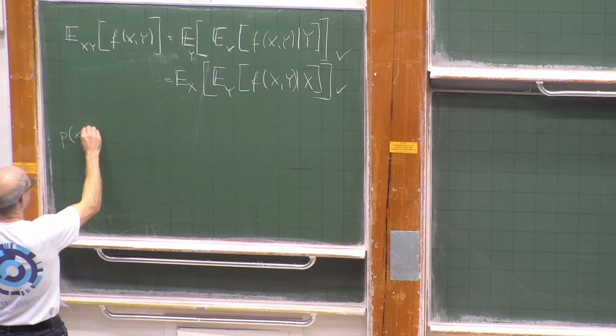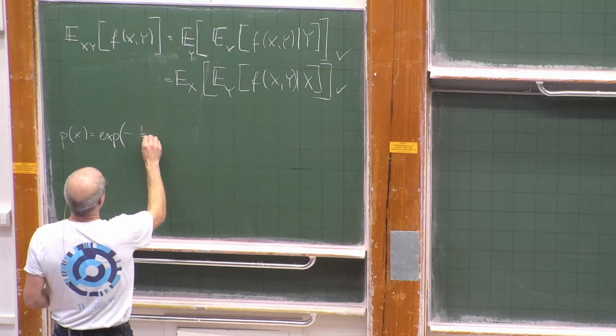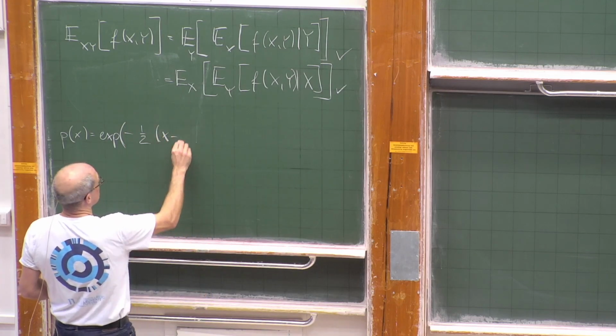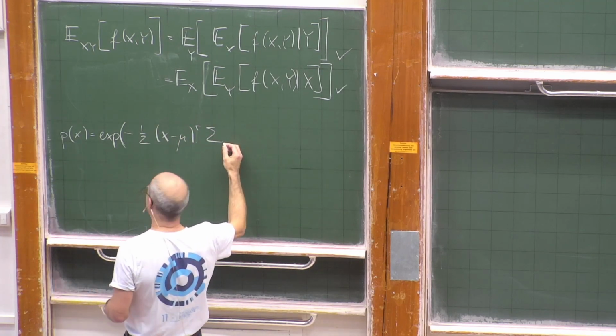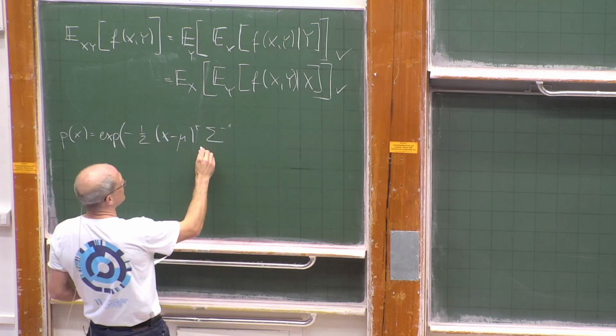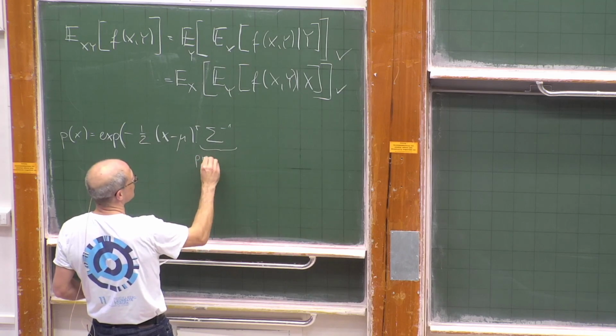So we have some mean, we have some inverted covariance matrix, which, if we take it to the inverse, is also called the precision matrix.